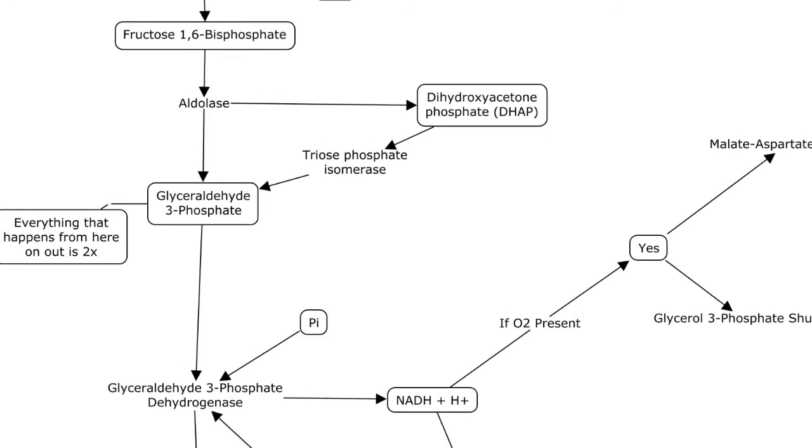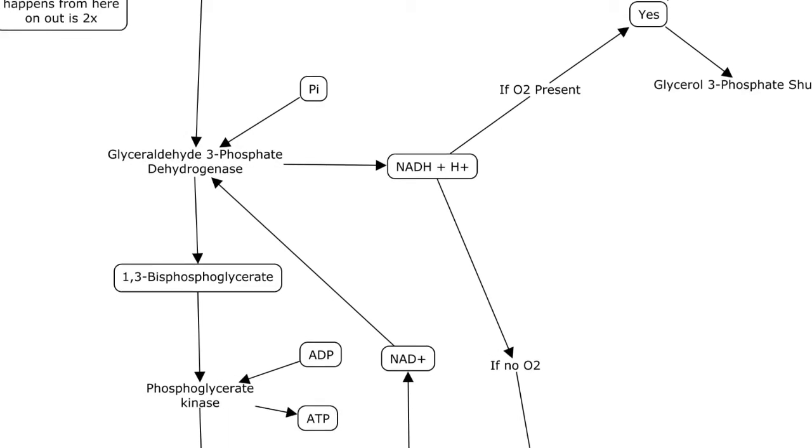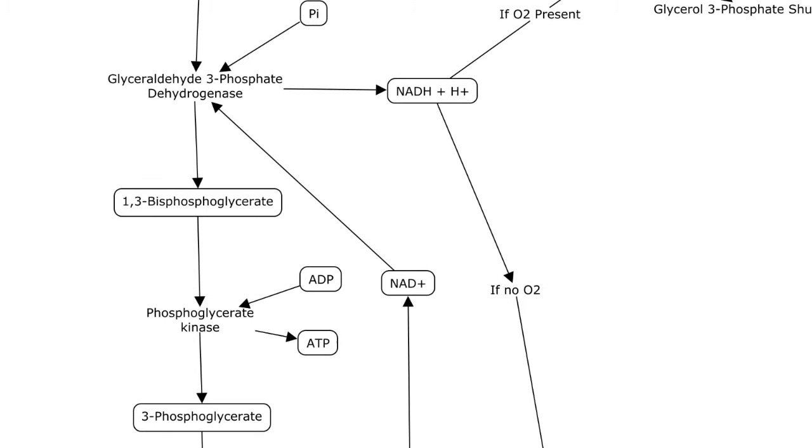So the next enzyme in the pathway is glyceraldehyde 3-phosphate dehydrogenase. Now when you hear dehydrogenase, which we're going to have a lot of throughout this process, it's going to be oxidizing the substrate and reducing a coenzyme.